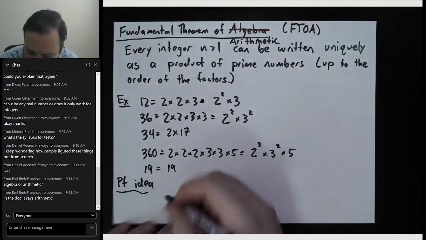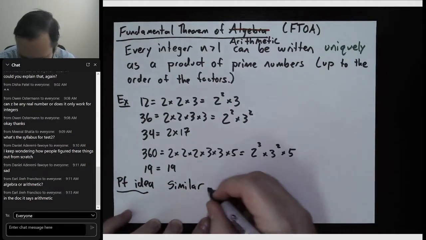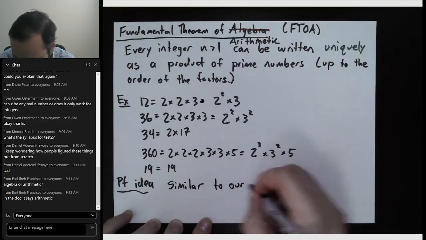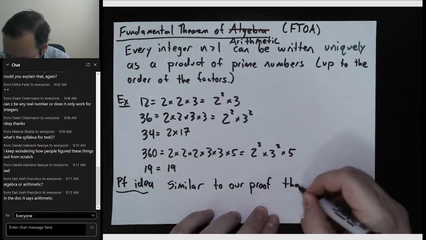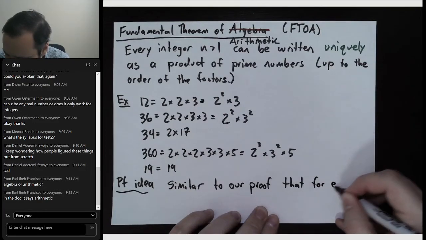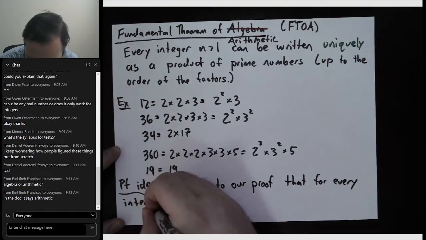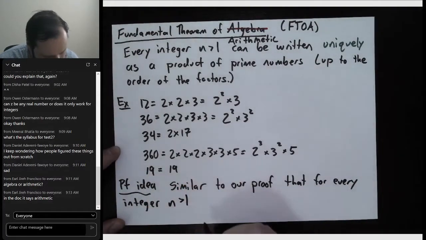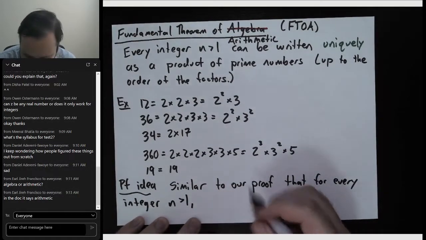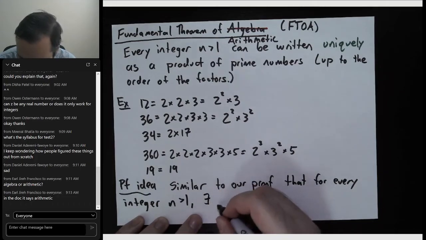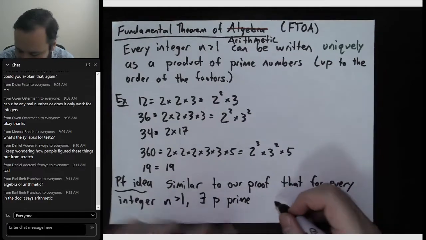The idea of this proof is that it's going to be similar to our proof that for every integer n bigger than 1, there exists a prime that divides n.